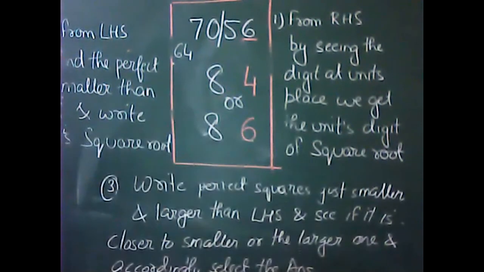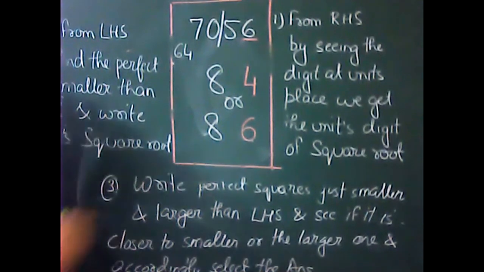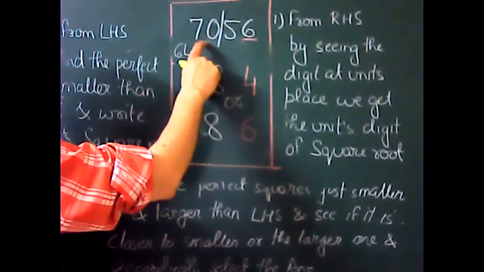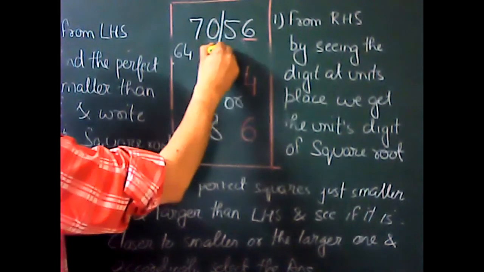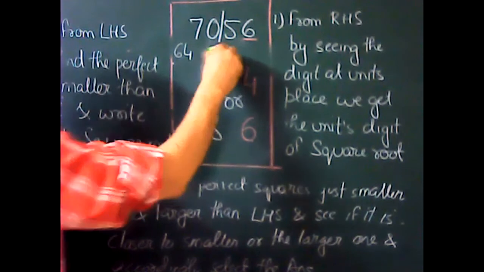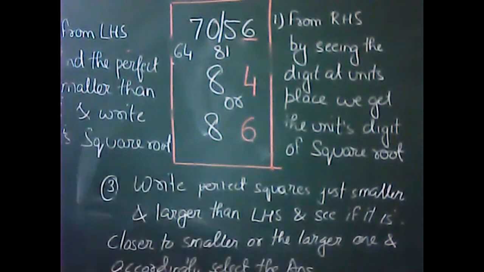Now I have to decide, is the smaller number correct or the greater of the two is correct. So I will take the perfect square greater than 70, which is 81. 70 is closer to 64 or 81? 64.